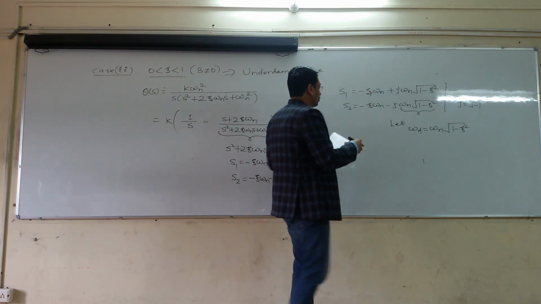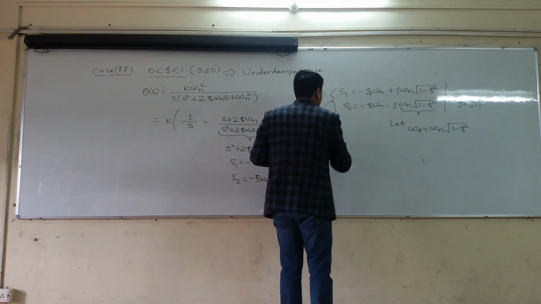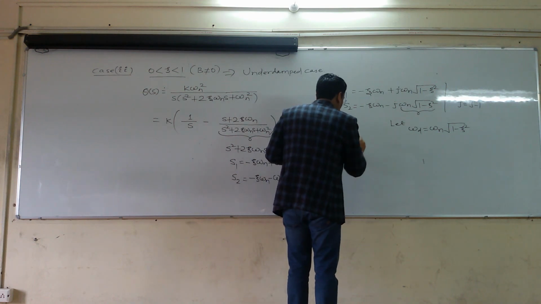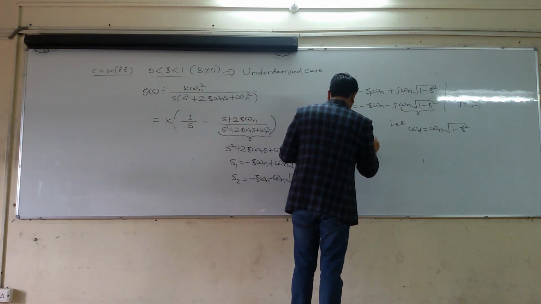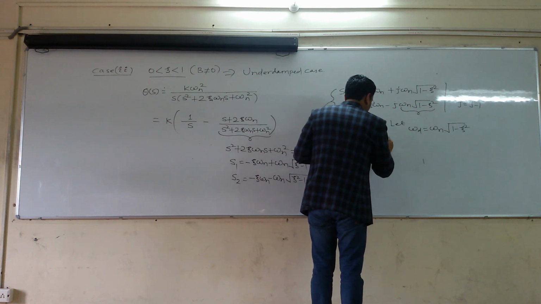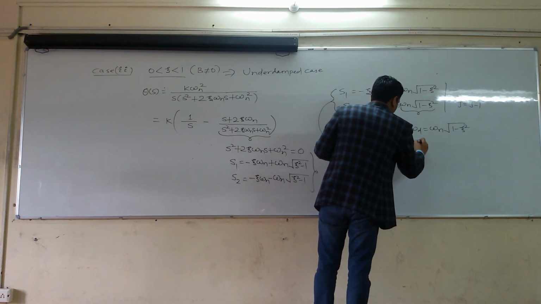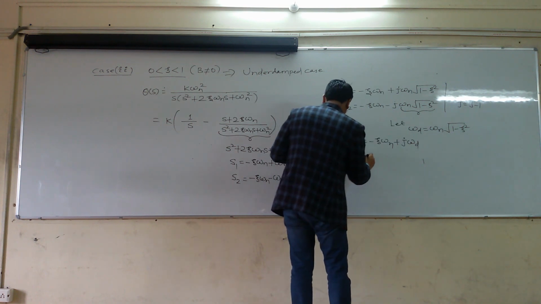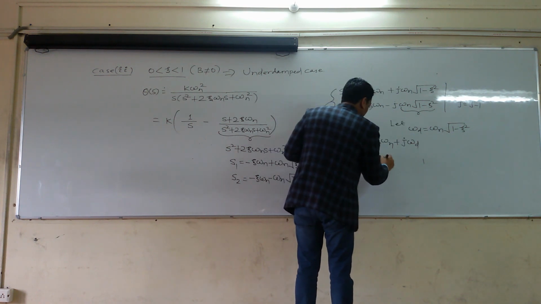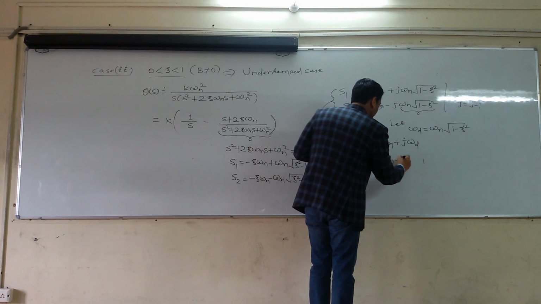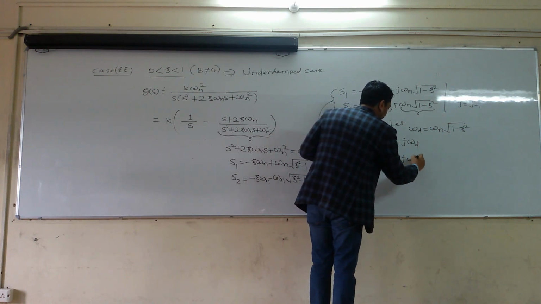Correct? So equivalently, once again your roots will become s1 equal to minus zeta omega n plus j omega d, and s2 equal to minus zeta omega n minus j omega d.